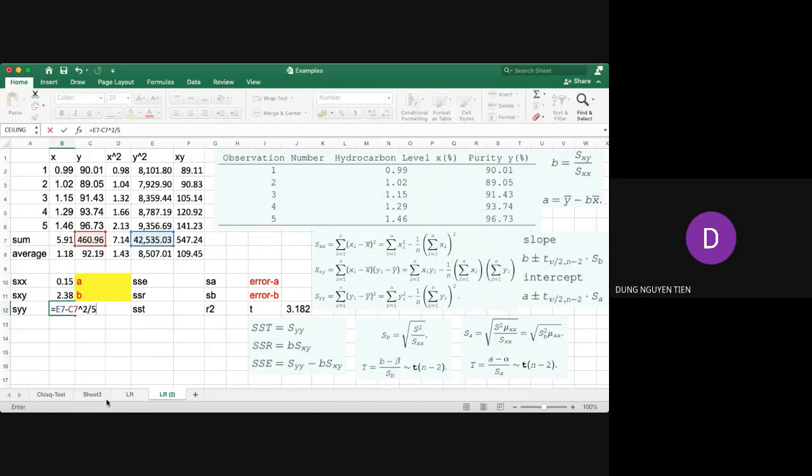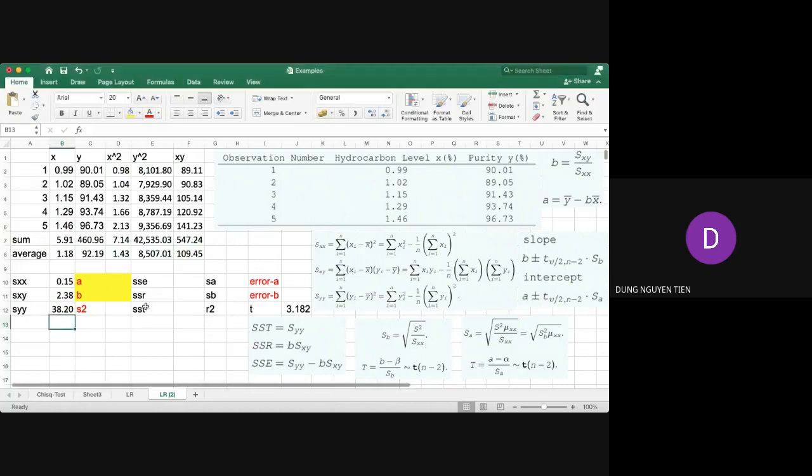Okay. And this is what you get. Is that all clear, everybody? That's all right? Okay. So I can get all these values and find the value of b.